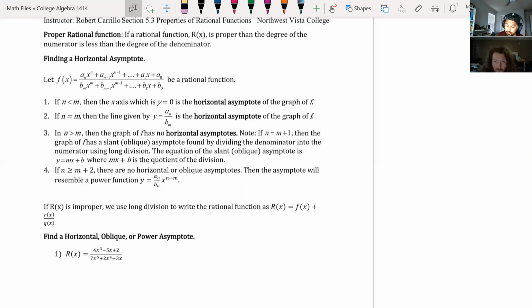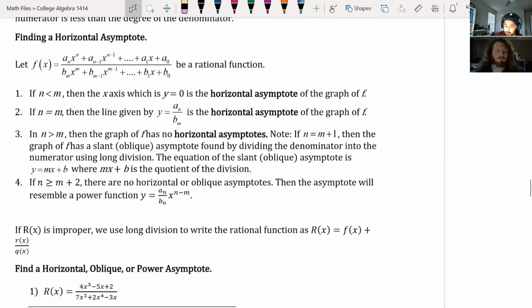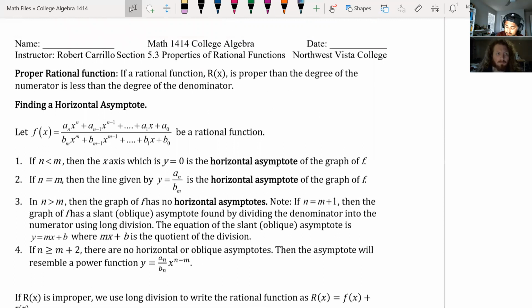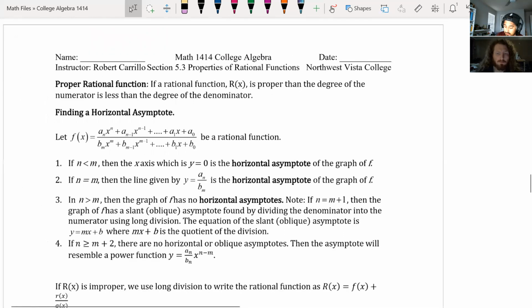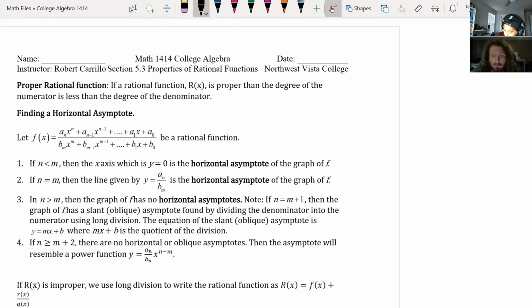That's for number 1. So I can do an example of that one. Let's say for number 1, I had y equals x over x squared minus 1.